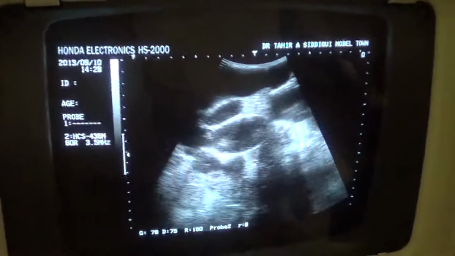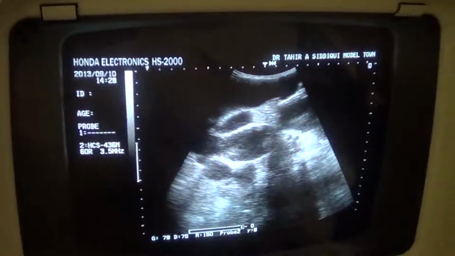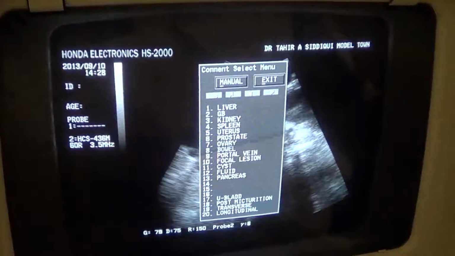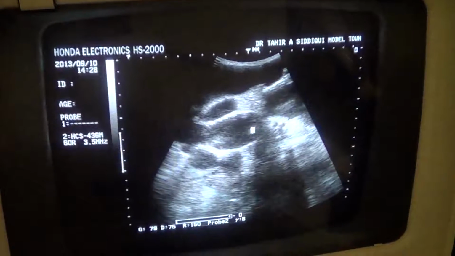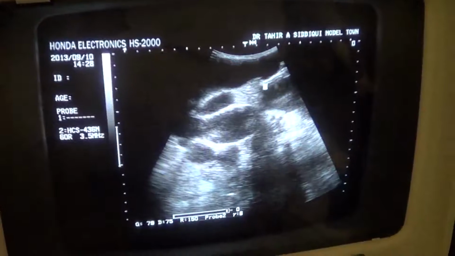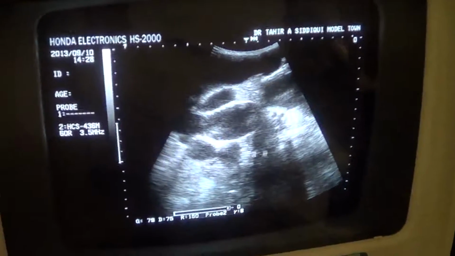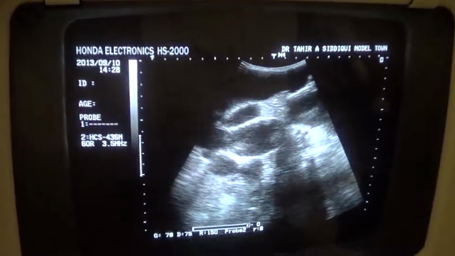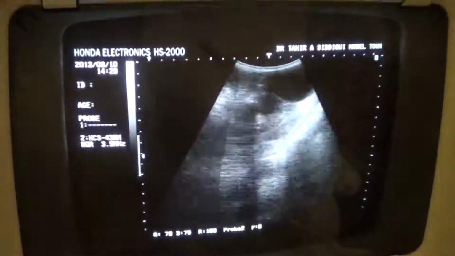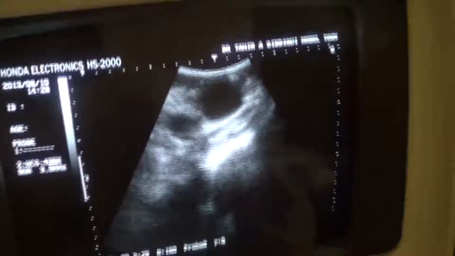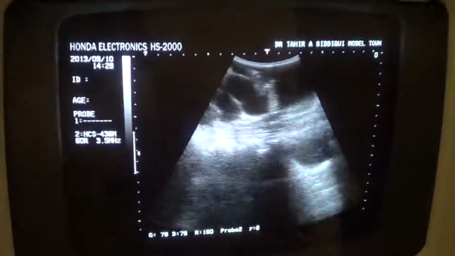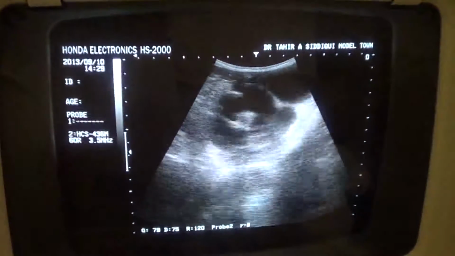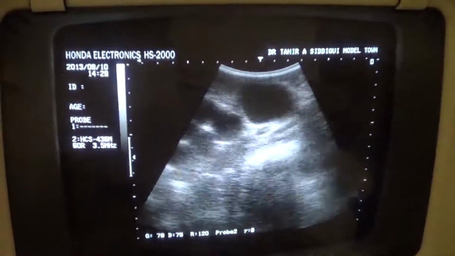It gives you a convoluted appearance. This is the right ureter, giving you a convoluted appearance. On the left side, again you will see the same thing. Here you see again the convolution of the ureters.